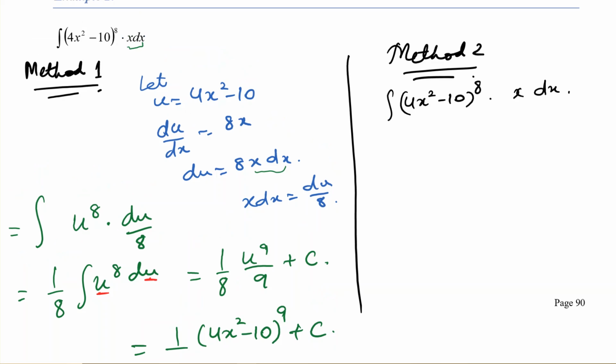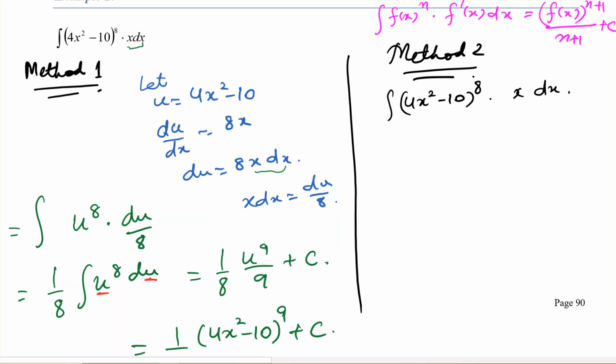If you want to consider the second method, I'm just going to remind you what form I'm going to make. So we have f(x) raised to power n times f prime x dx. That is equal to, you increase the power of the function by 1 and divide by the new power, plus c.